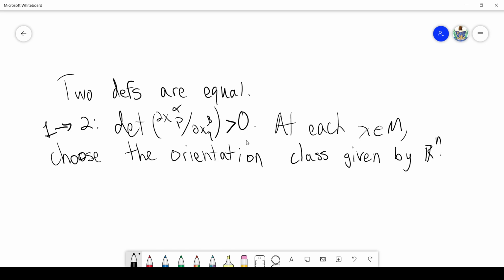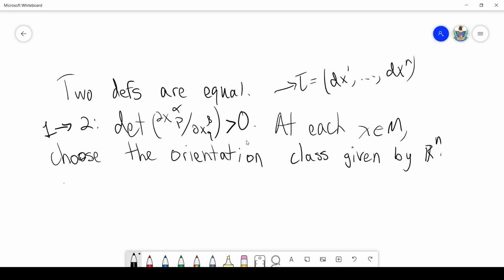So essentially what we're saying here is that we're taking tau, our ordered basis, to be dx1 ... dxn, right? So the orientation class is the orientation class which agrees with this tau. So in other words, any frame such that the transformation between that frame and this one has a positive determinant. So clearly this is going to be a continuous choice, right? Because M is just Rn patched together.